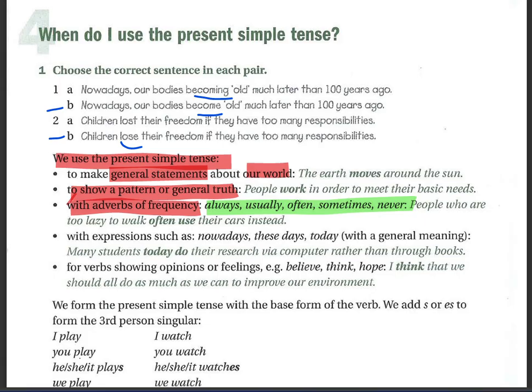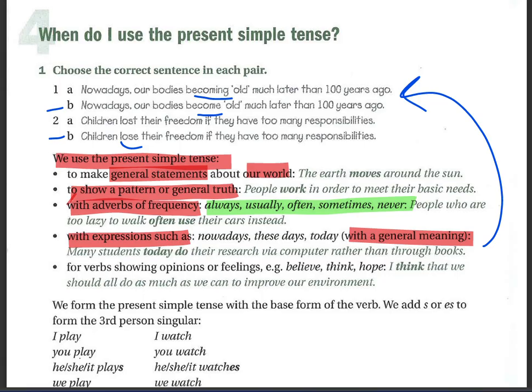People who are too lazy to walk often use their cars instead. The next, we use present simple with expressions like nowadays, these days, today, with a general meaning. It's exactly like the first example here. When you are using nowadays, these days, and you want to say something generally, you use a present simple.